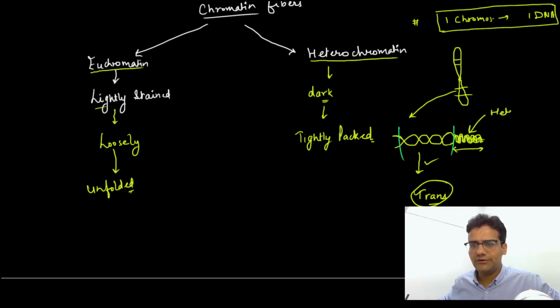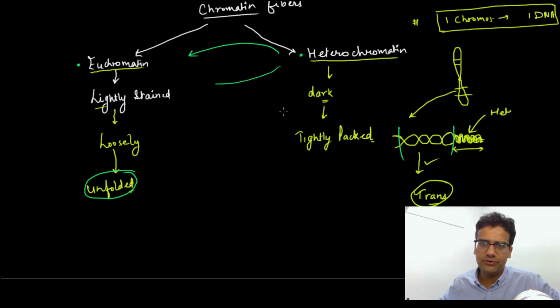So this can undergo easy transcription, easy translation. So if you are going to transcribe, unfold or translate a part, you are going to deal with the euchromatin part. You are not going to deal with the heterochromatin part. Or you can convert heterochromatin into euchromatin and euchromatin into heterochromatin.